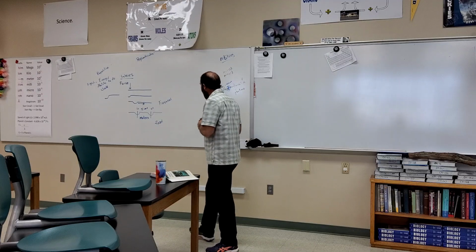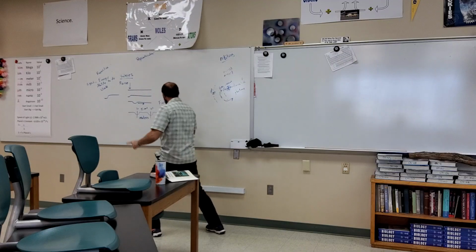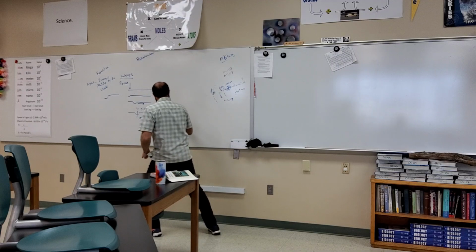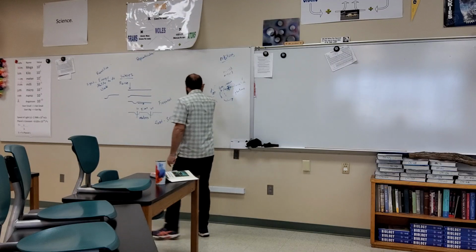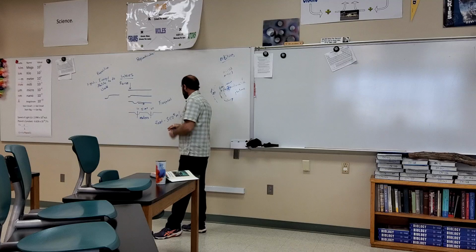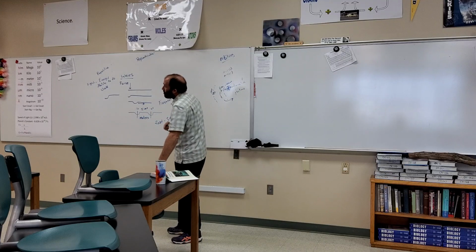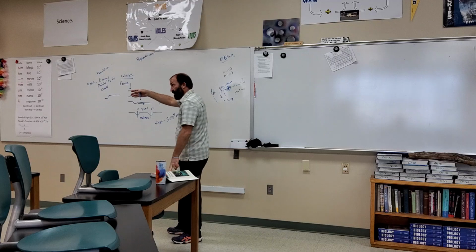Light has a speed. How fast does light move? 3 times 10 to the 8 meters per second. Yes. A lot faster than I can paddle to keep up with it, right? We looked up sound, because a plane can fly as fast as sound, right?